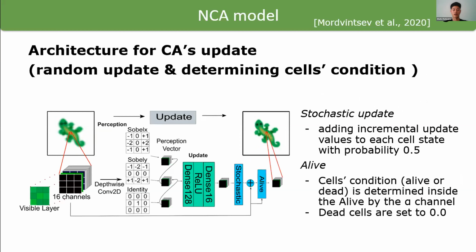The result from the neural network is then input to a stochastic function and added to the previous cell states, and then input to a live function which outputs the updated cell states. The stochastic function adds randomness to the update and prevents each cell from updating synchronously.